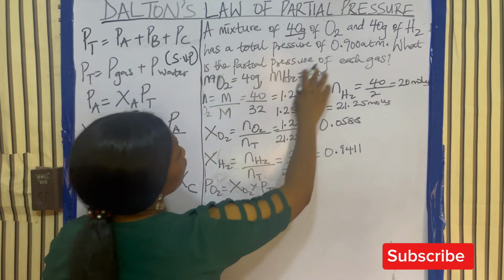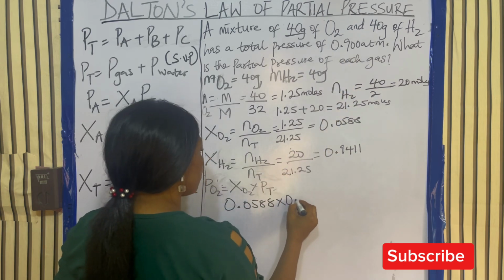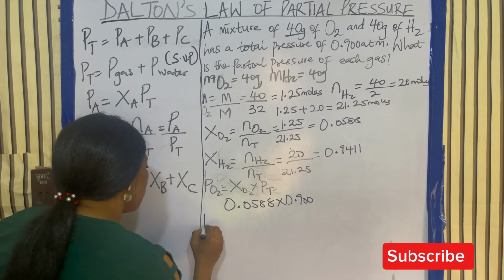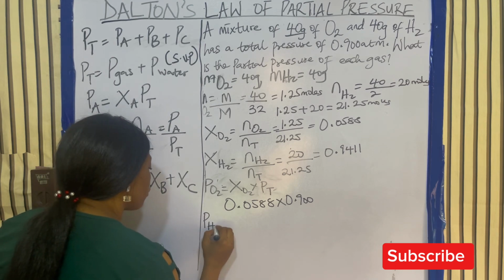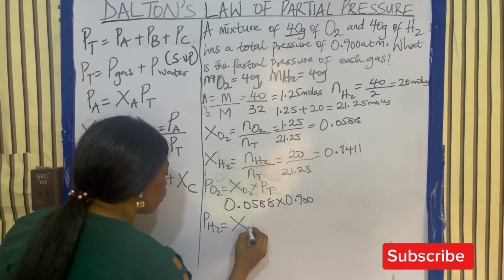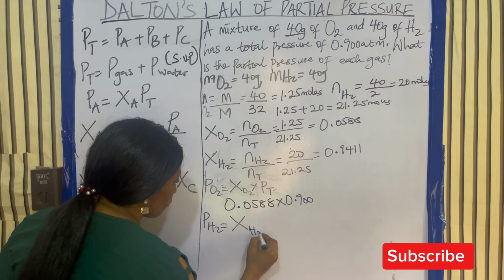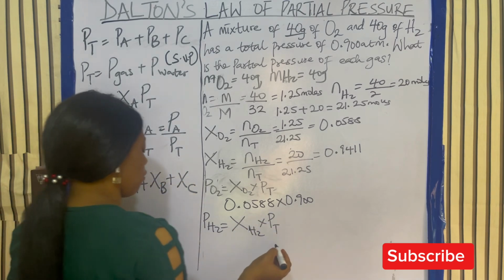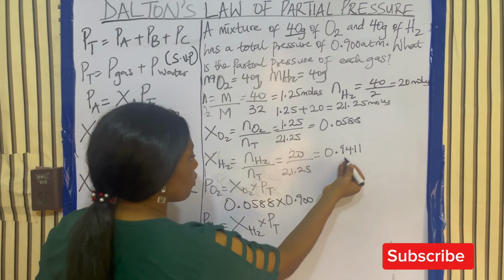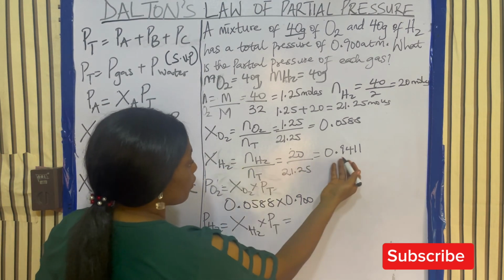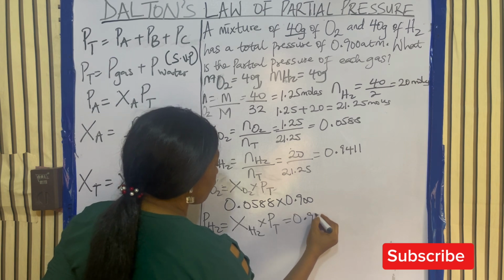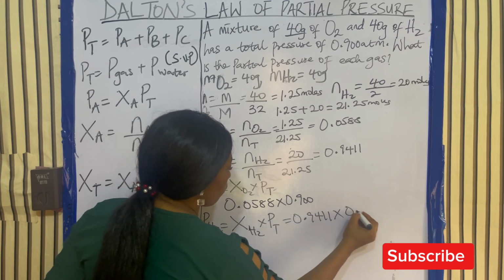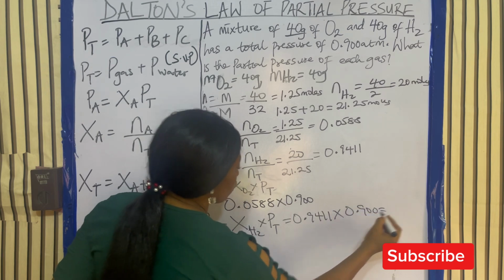P total from the question is 0.900. Then the partial pressure of hydrogen will be mole fraction of hydrogen multiplied by P total. The mole fraction of hydrogen from here is 0.9411 multiplied by P total, which is 0.900.